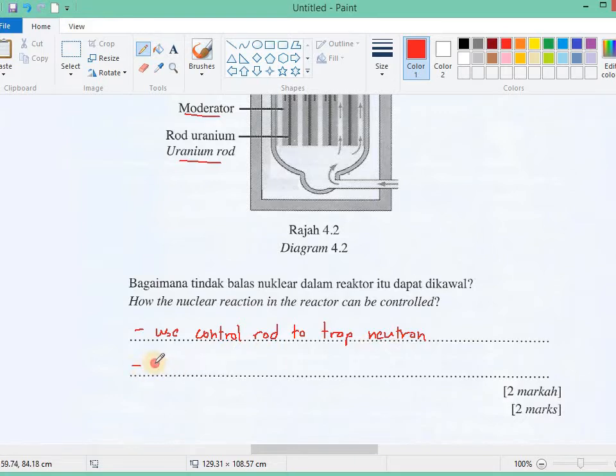Lower the control rod between the uranium rods to decrease nuclear reaction.